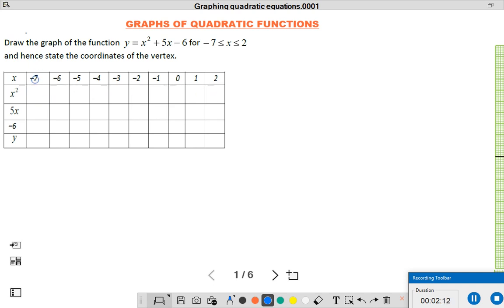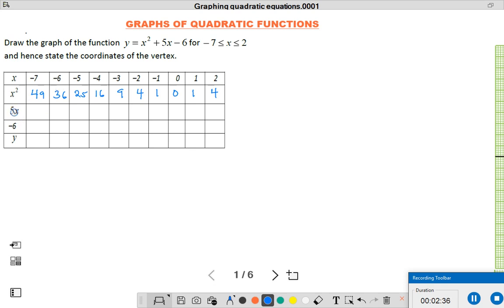X squared means negative 7 squared. That is negative 7 times negative 7, giving us 49. Negative 6 squared is 36. Negative 5 squared is 25. We are going to complete the table, as you can see. So the table is complete for x squared.